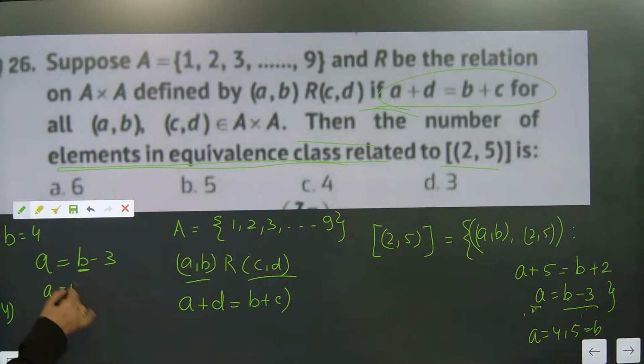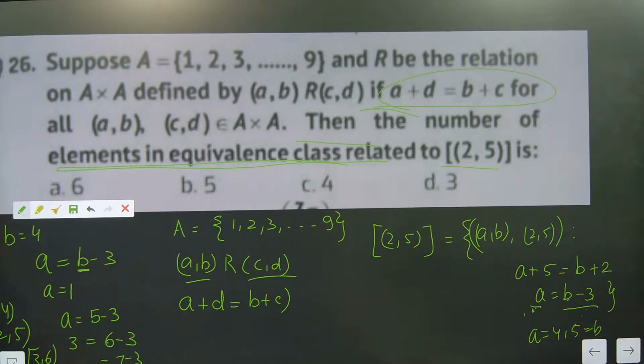Done. Next, you put B is equal to 5. What is A coming? If B is equal to 6, you are putting, 3, 6. Correct?